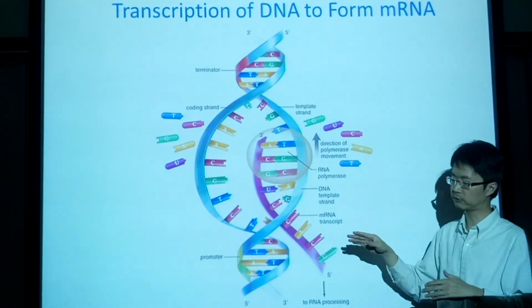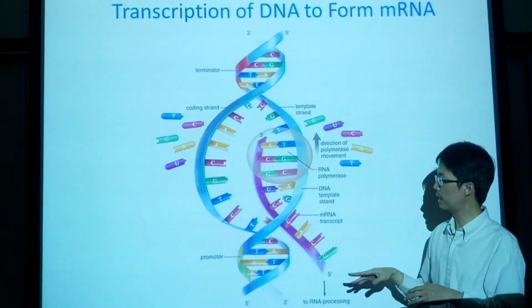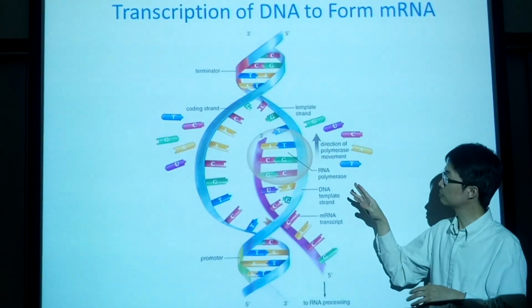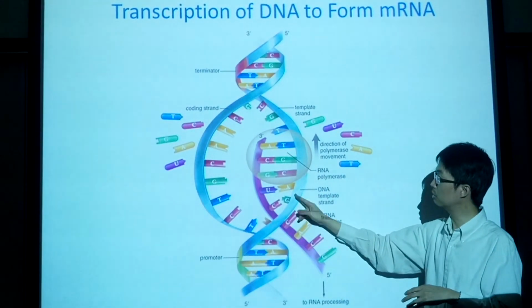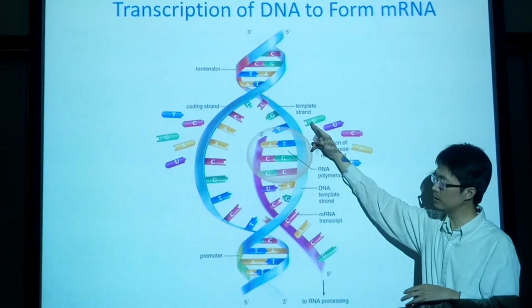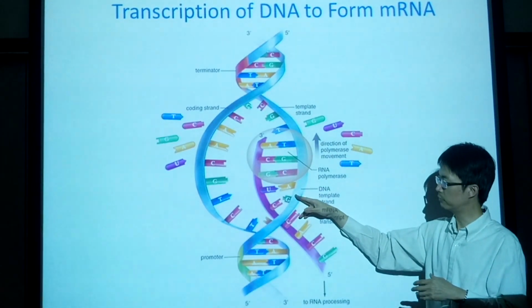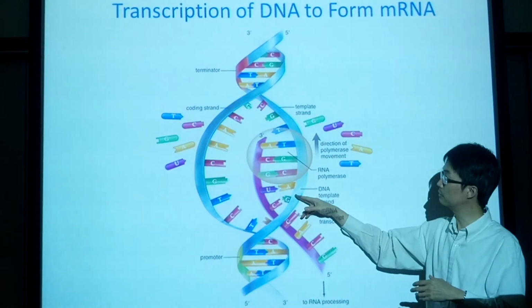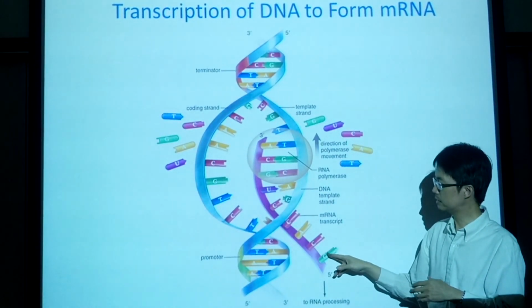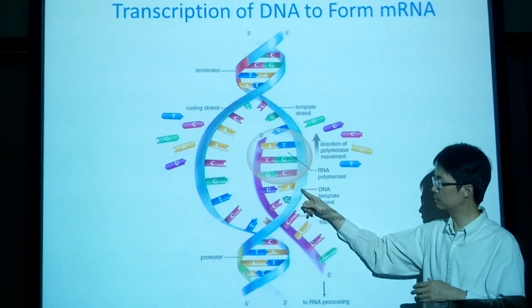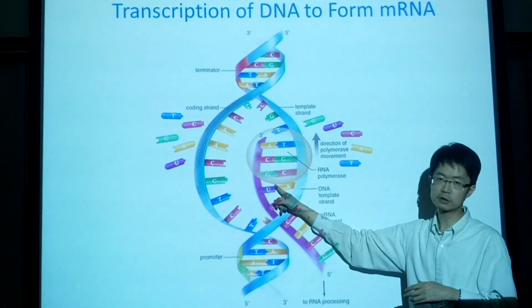So it is also from 5' to 3'. And then as the RNA polymerase goes along this, we call it template strand, then it will transcribe the bases from the template strand into RNA bases. The RNA sequence, as you can see that if the DNA has the A, the messenger RNA will have the U here.